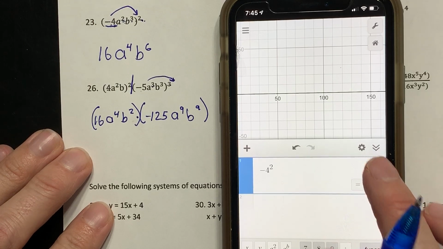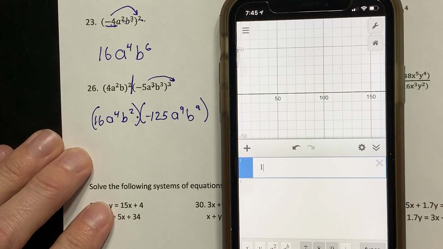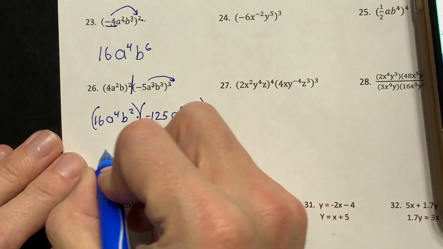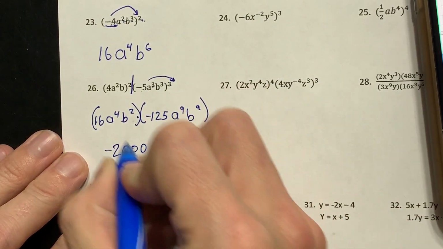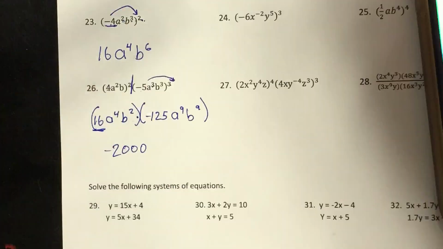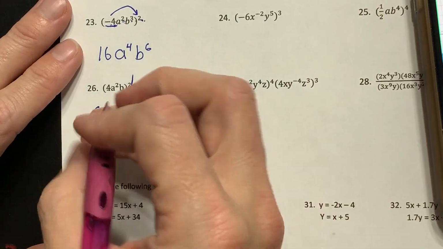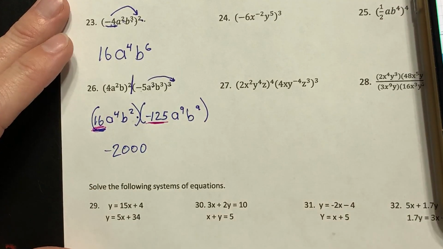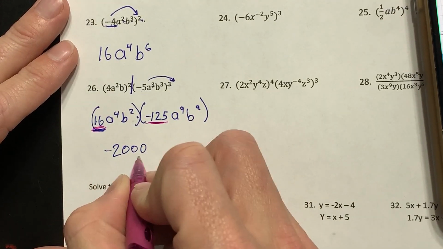That is the multiplication rules. So I'm going to go calculate 16 times -125. And it looks like -2,000. I'm multiplying the big numbers. 16 times -125 gave me -2,000.